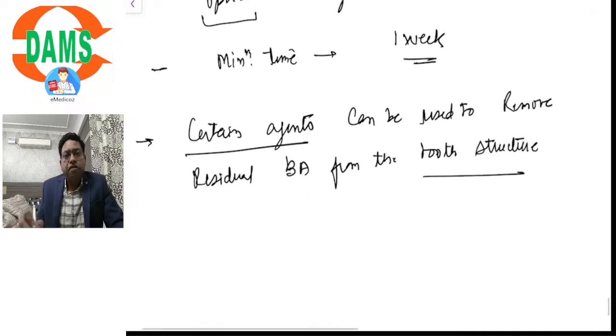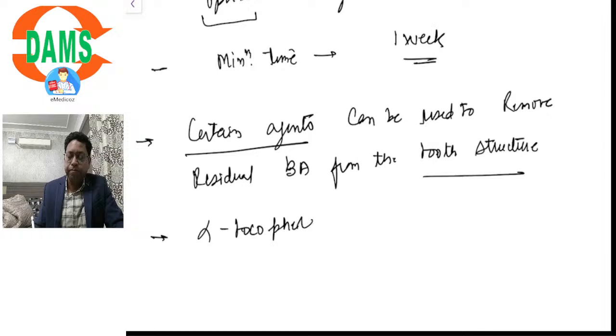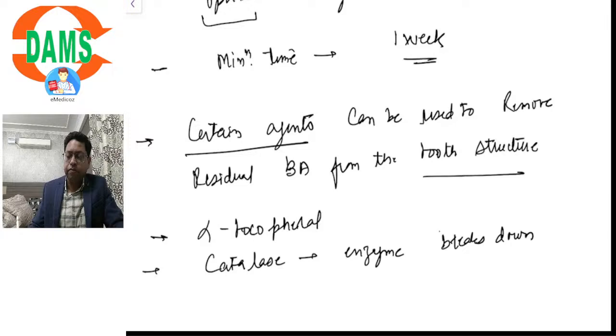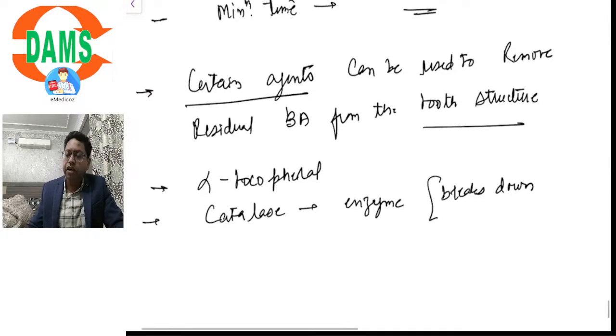Instead of a waiting period, we can use certain agents or chemicals to neutralize the bleaching agents. These chemicals are alpha tocopherol. Catalase. Catalase is an enzyme that breaks down hydrogen peroxide.